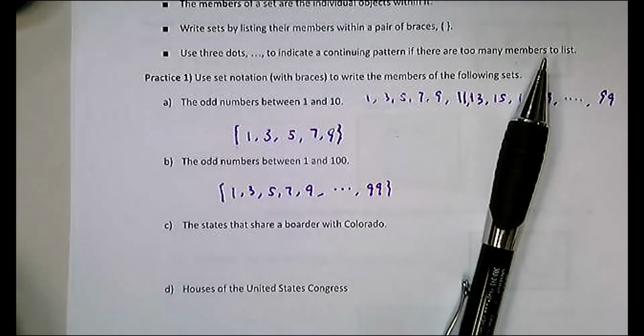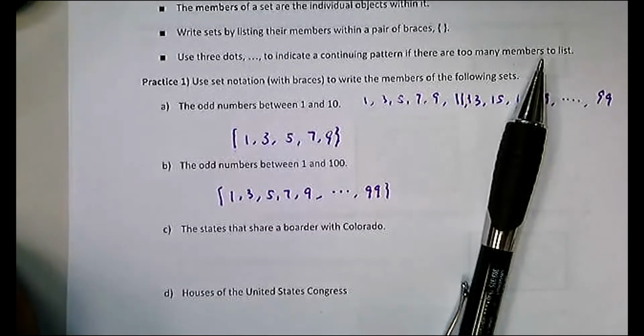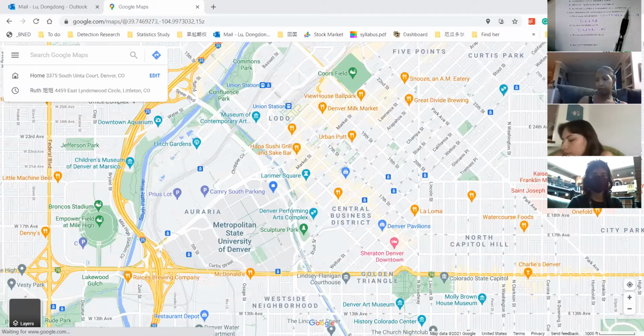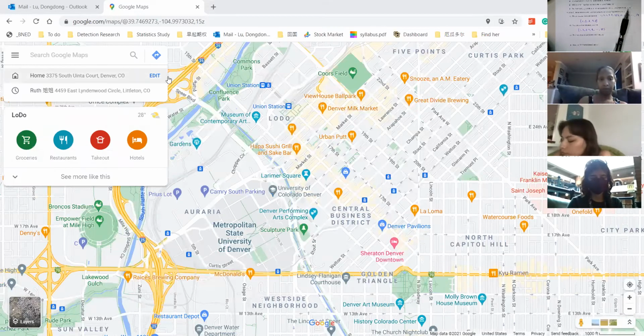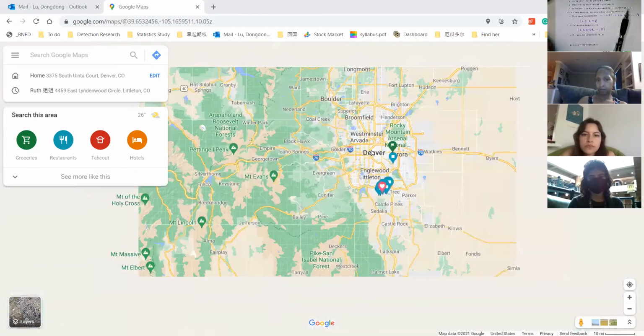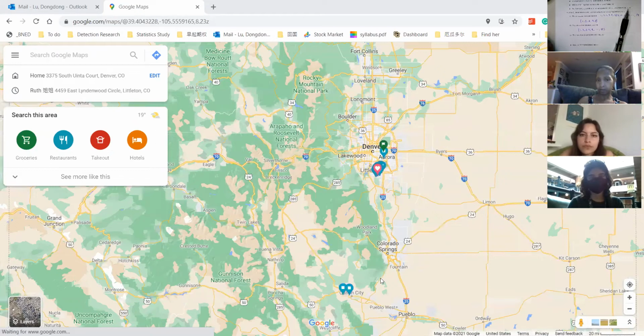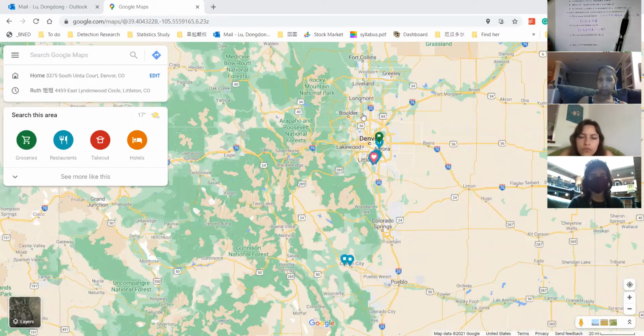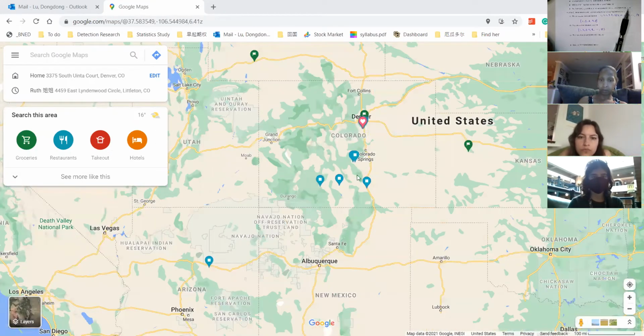I'm sharing my screen. Do you see my screen? Great. So this is Denver. It automatically turns out to be Denver. Let's zoom out. Now you see we're on the Front Range area. Now you see the whole state of Colorado.